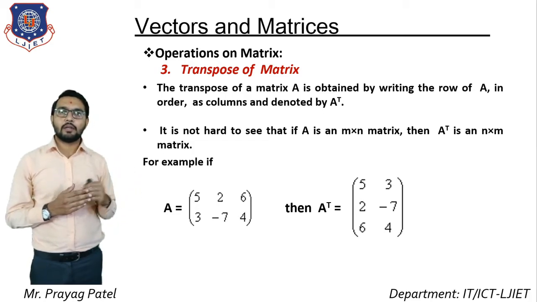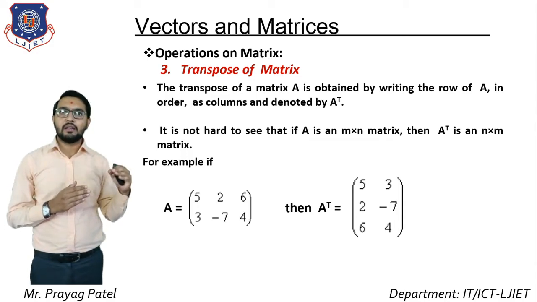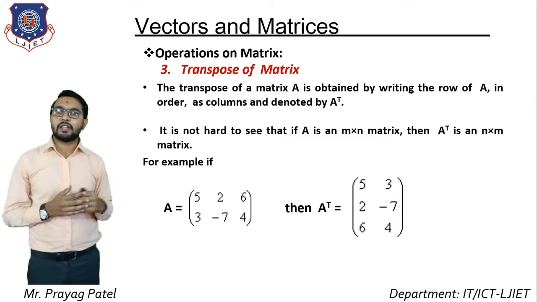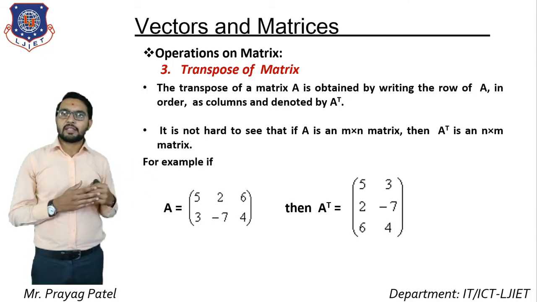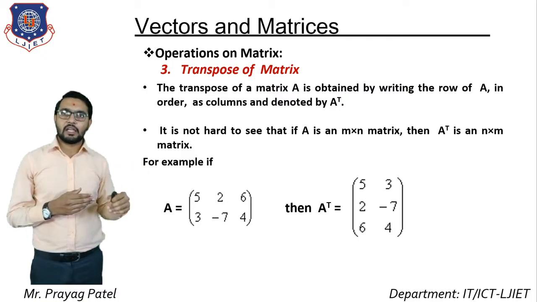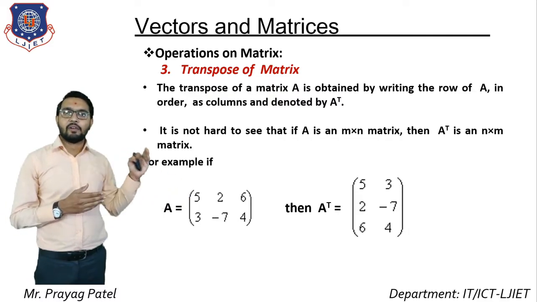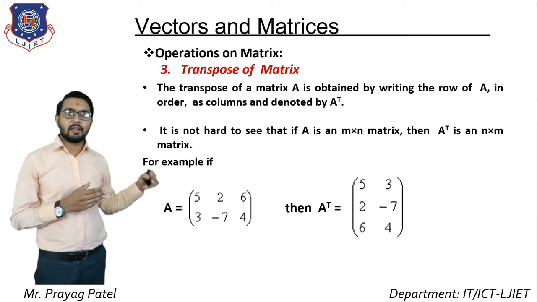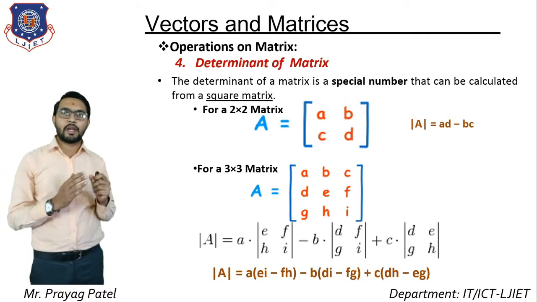It is not hard to see that if A is an M cross N matrix, then the transpose of A is an N cross M matrix. For example, matrix A has 5, 2, 6 as the first row and 3, -7, 4 as the second row. Then the transpose of matrix A has 5, 2, 6 as the first column and 3, -7, 4 as the second column. So this is called the transpose of a matrix.